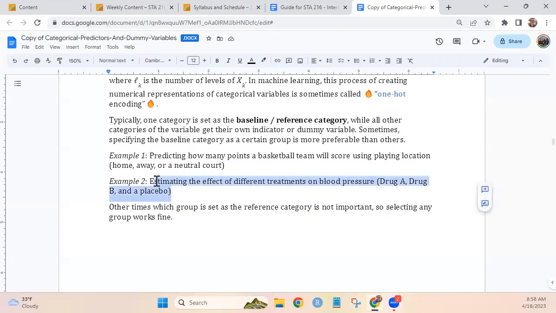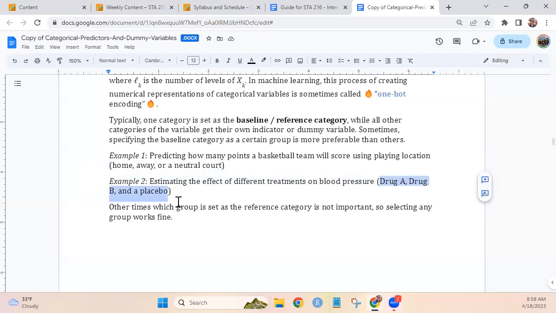So notice this is a setup that very much resembles one-way ANOVA, where we could maybe be comparing average blood pressure between these three groups. And you could certainly use a one-way ANOVA.